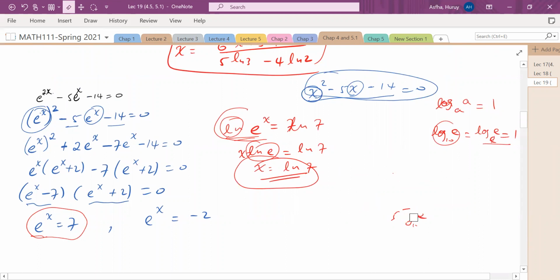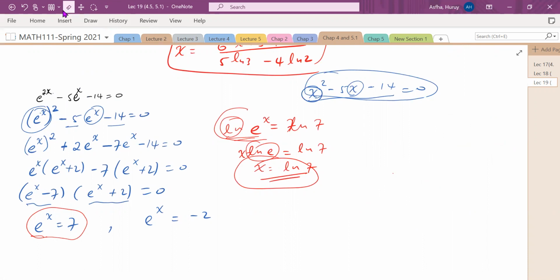Now, the first one we found, but how about the second one? The question is, when we raise a number, if we have an exponential function, e, we know this is greater than 0.